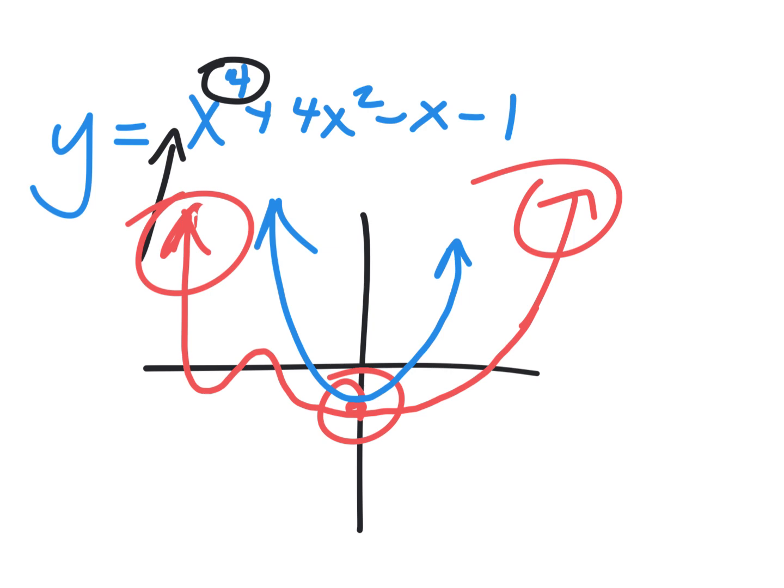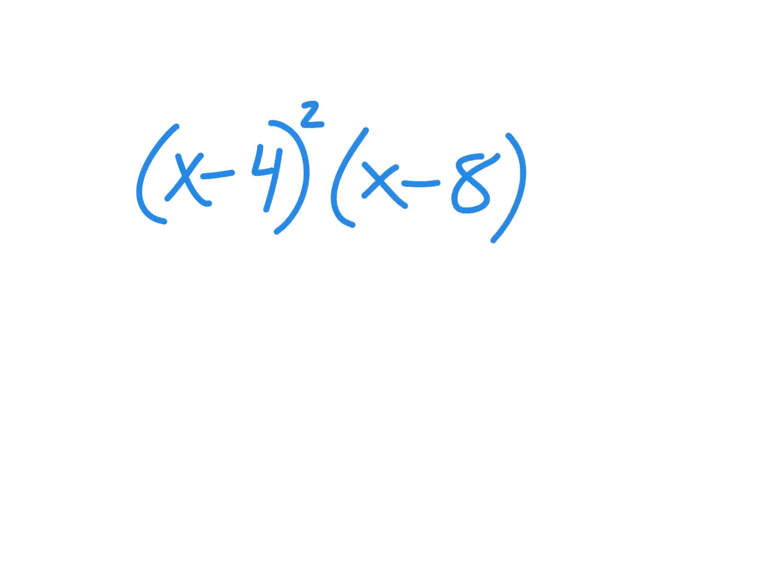All right. Riddle me this. What's different about this one that makes it a little harder, but a little easier at the same time? Yes. It's already factored. How does that make it easier?